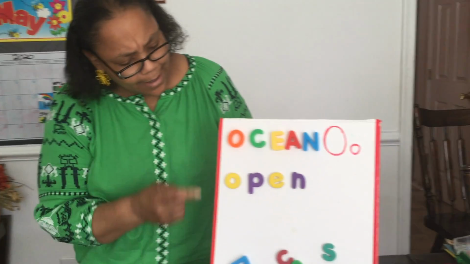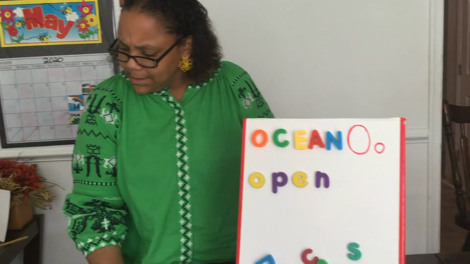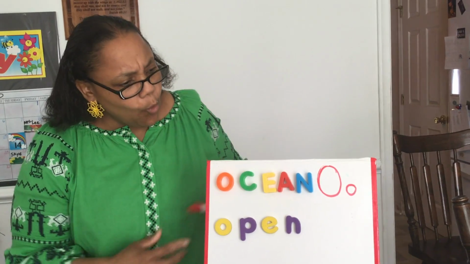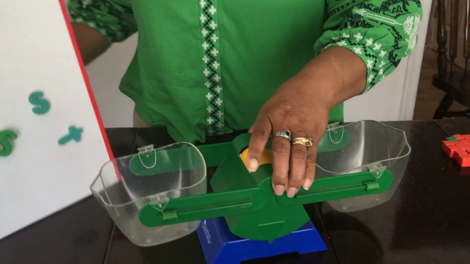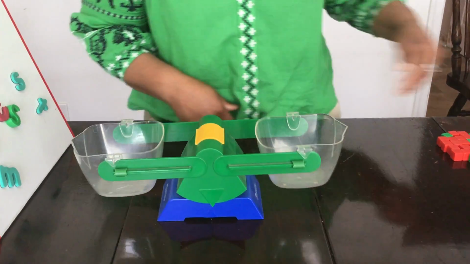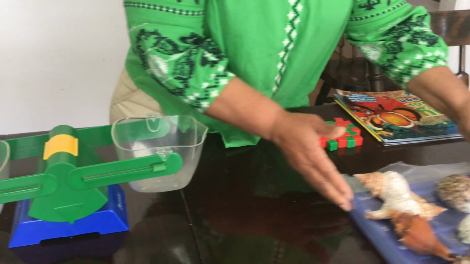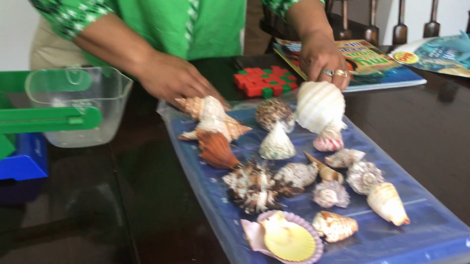Ocean and sign. Well, ocean makes me think of something I find at the beach. So, we're going to do some shell math right now. I have a whole lot of shells that I found.